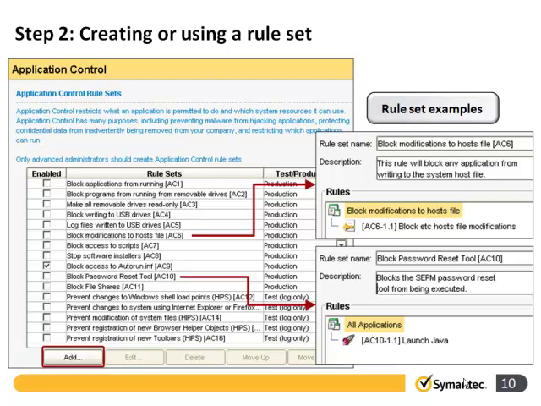Here we can add the rule by selecting Add at the bottom, select the rule and then edit the settings. We can see the rule examples on the right-hand side. We have the block modifications to hosts file option there, and we can control access to the hosts file. We can block the password reset tool. That would be a very good one to block, as that's a very powerful tool.